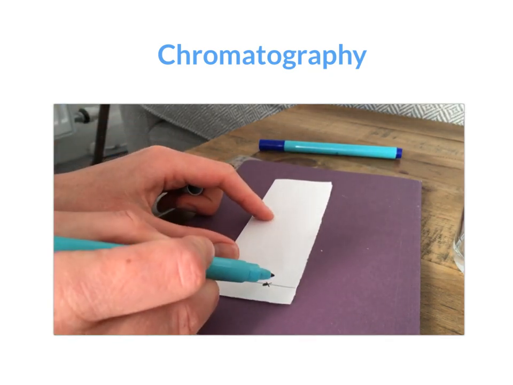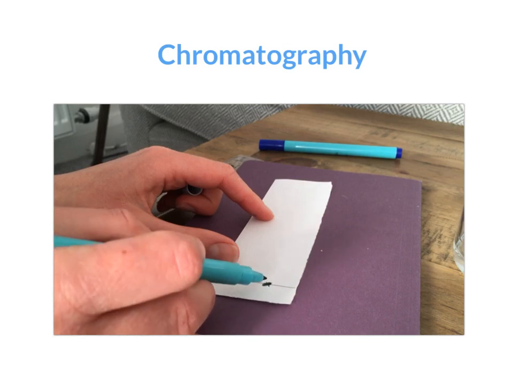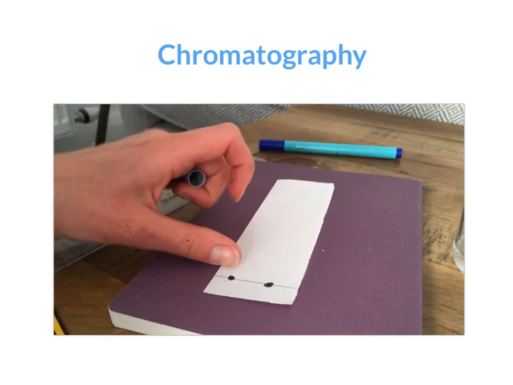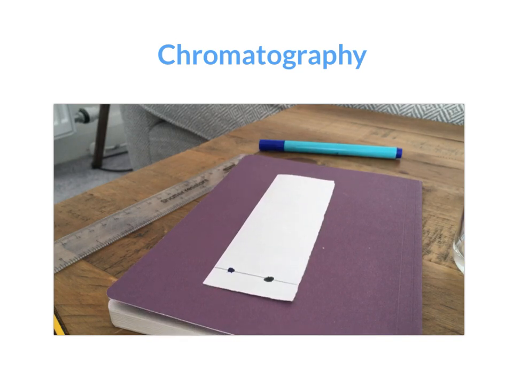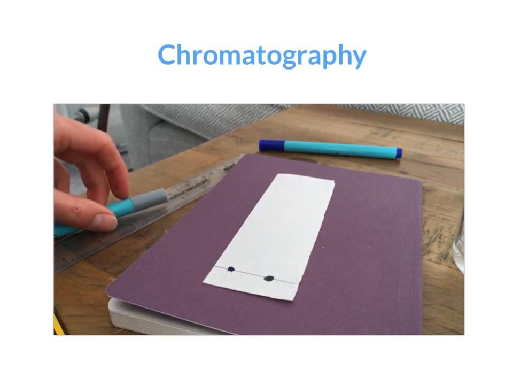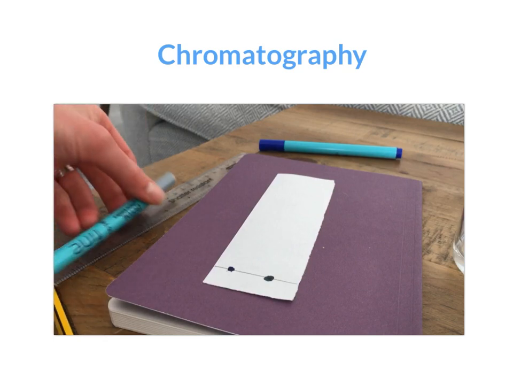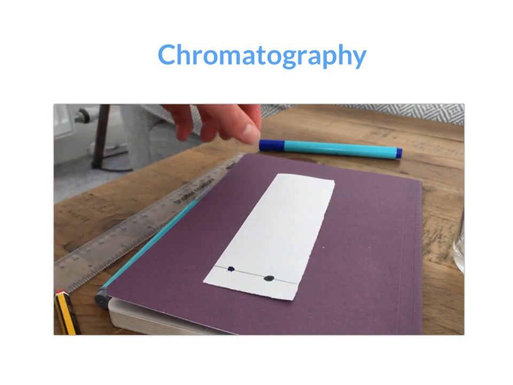So again, on the centre of this spot, I'm going to put a few dabs of my grey marker. Now if you had a solution, you might use what we call a capillary tube and just add a few spots into the centre of your X.